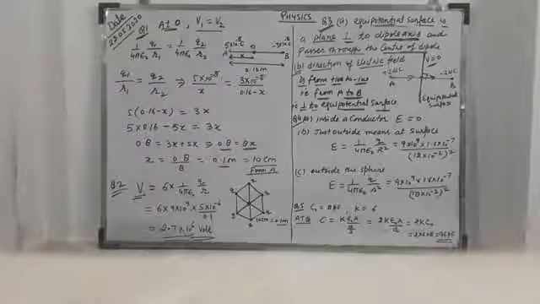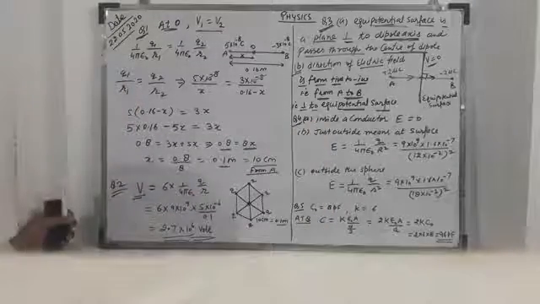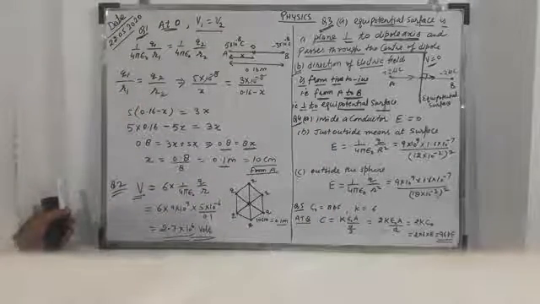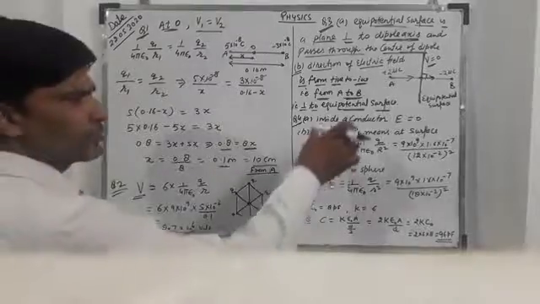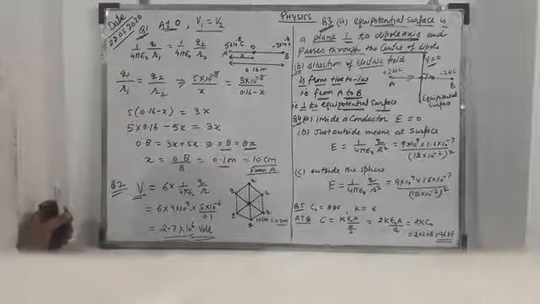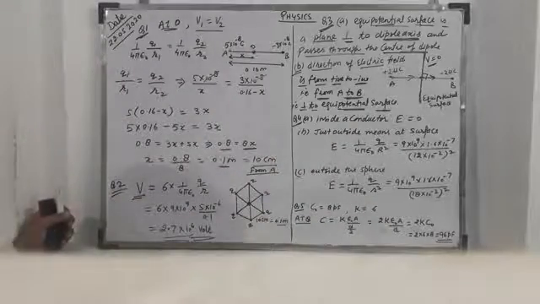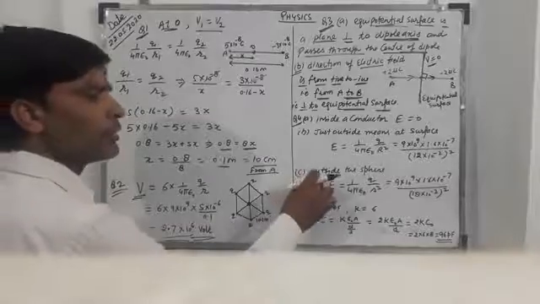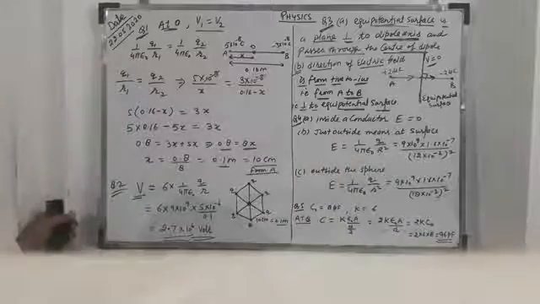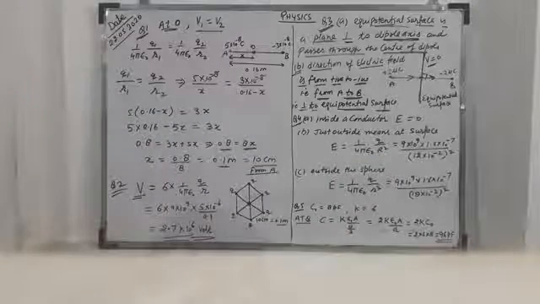In question number 4, the question is asking about the electric field inside a conductor, just outside the conductor, and outside the conductor, and the conductor is in the form of a sphere.